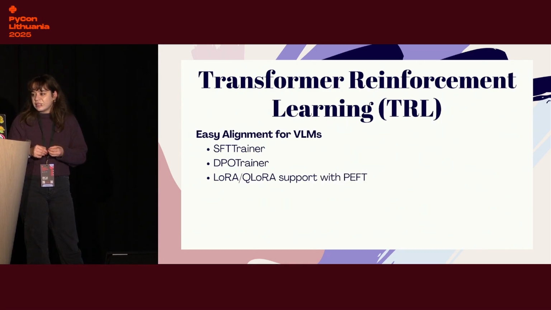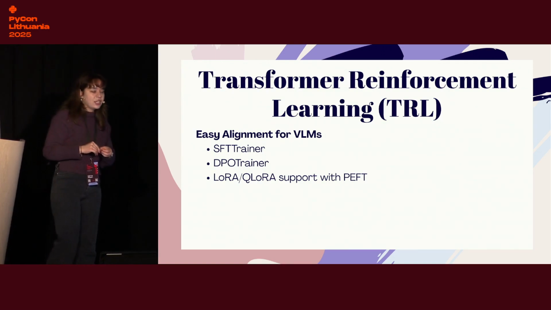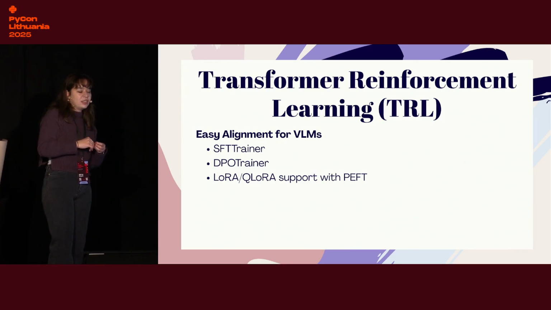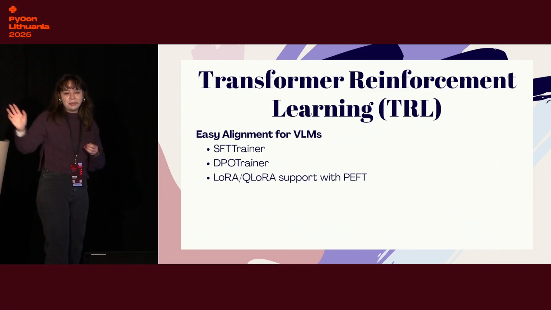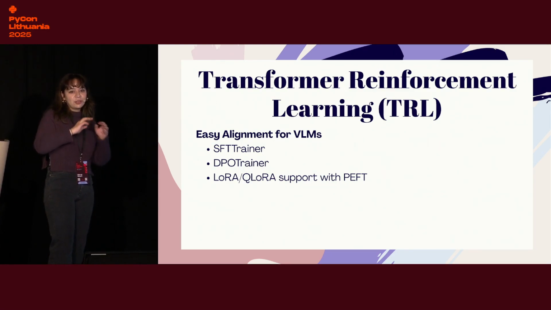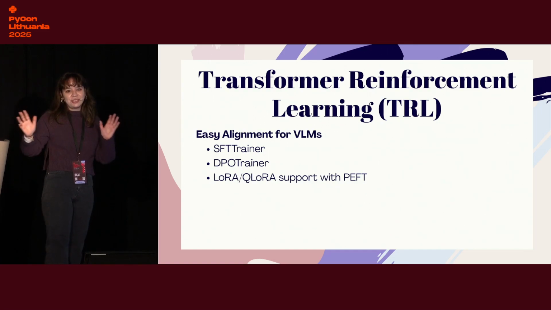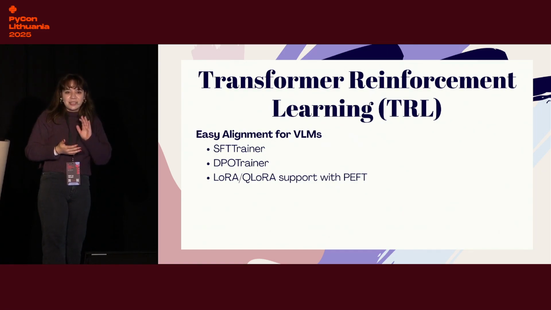Another library is Transformers Reinforcement Learning. So basically, if you have heard of this whole reinforcement learning with human feedback and other things that made the AI revolution so big with ChatGPT and stuff, those are called alignment techniques.